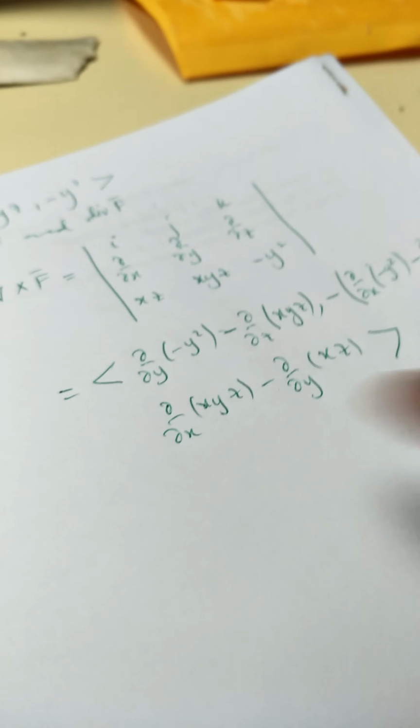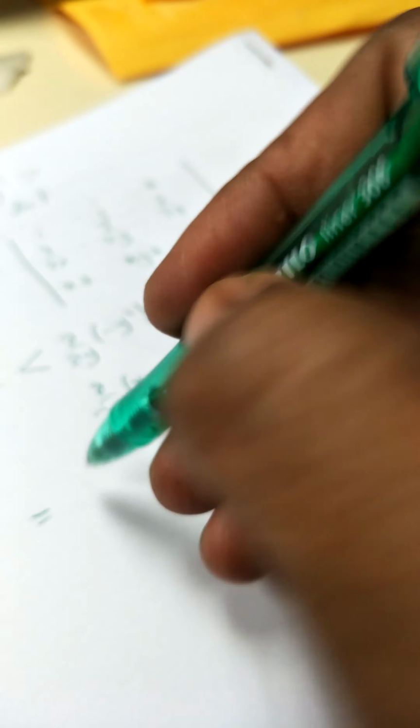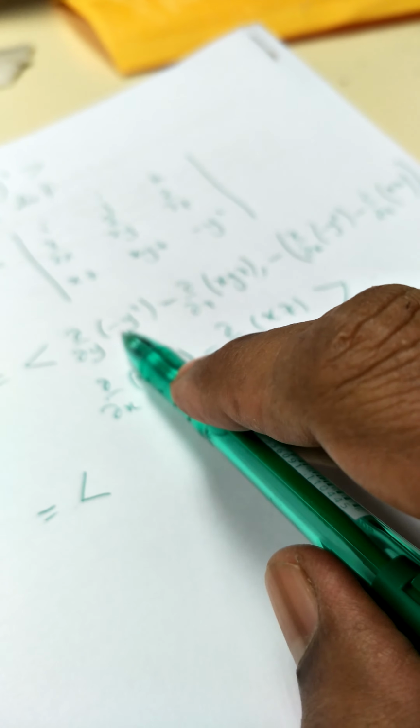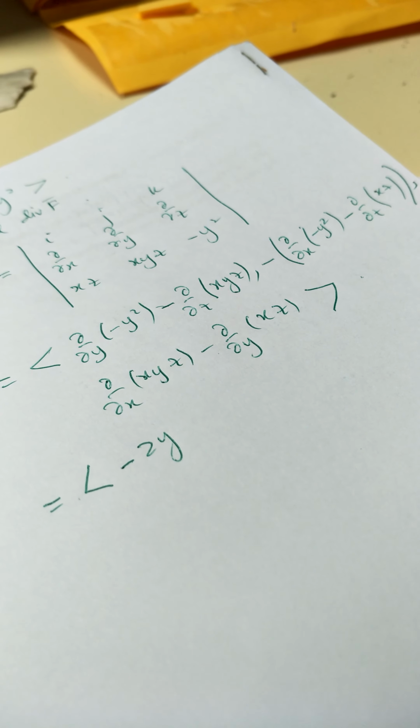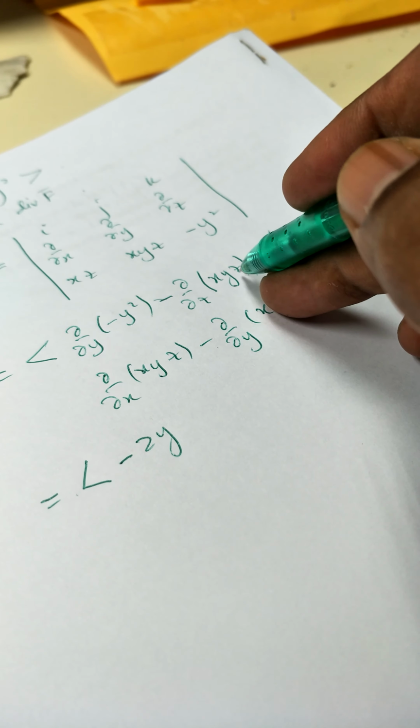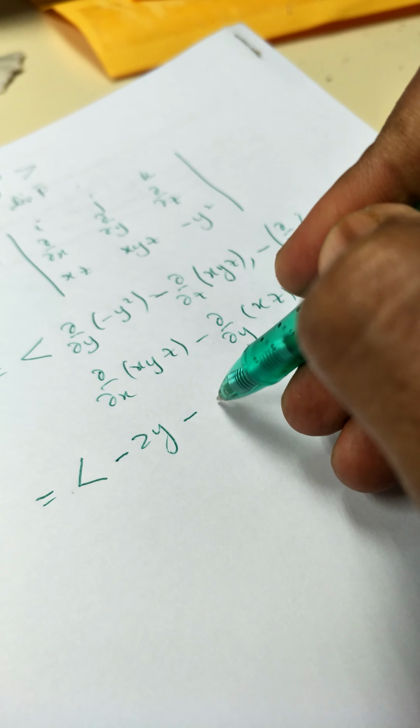Okay, then you can perform this operation. So that gives you, this one is negative y squared, negative 2y, right, negative 2y. Here you have xy minus xy for z.